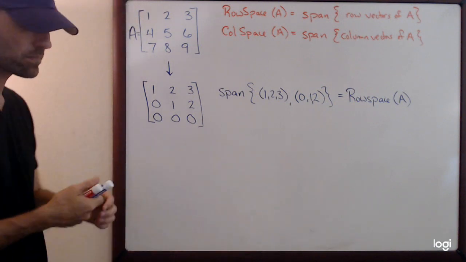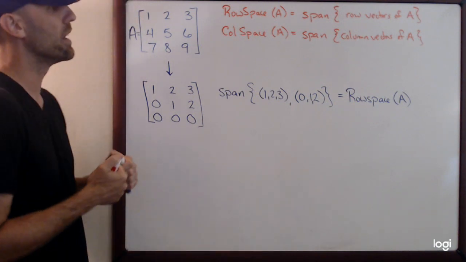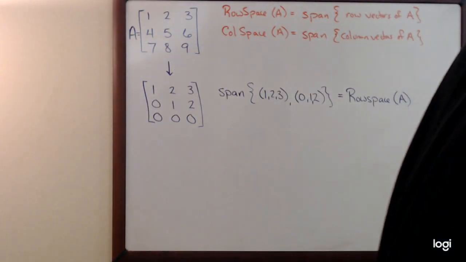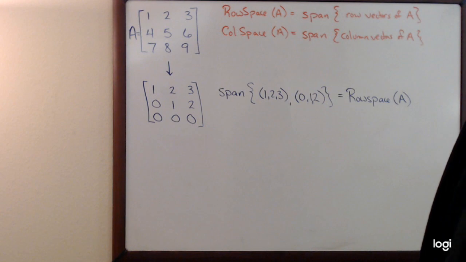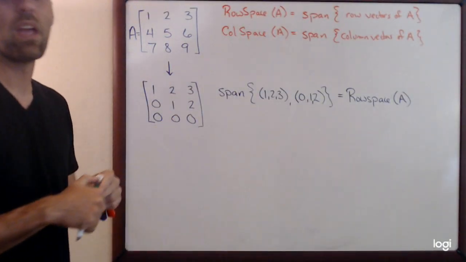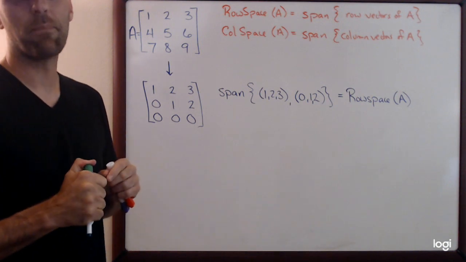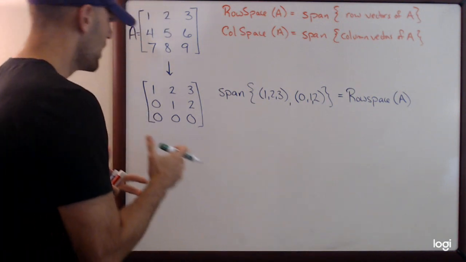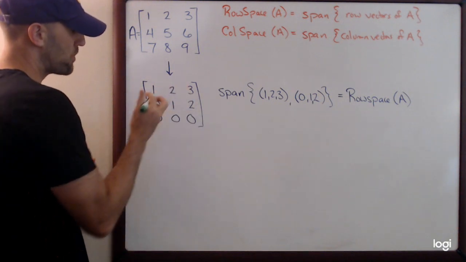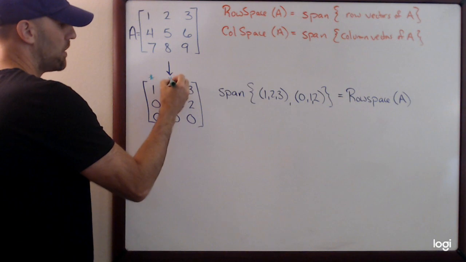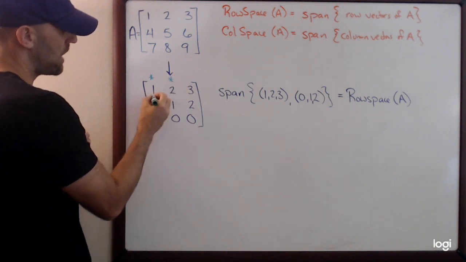So, in order to find my column space basis, I'm going to look in my row echelon form and identify the columns which contain my leading ones. In this particular matrix, column 1 and column 2 contain my leading ones.